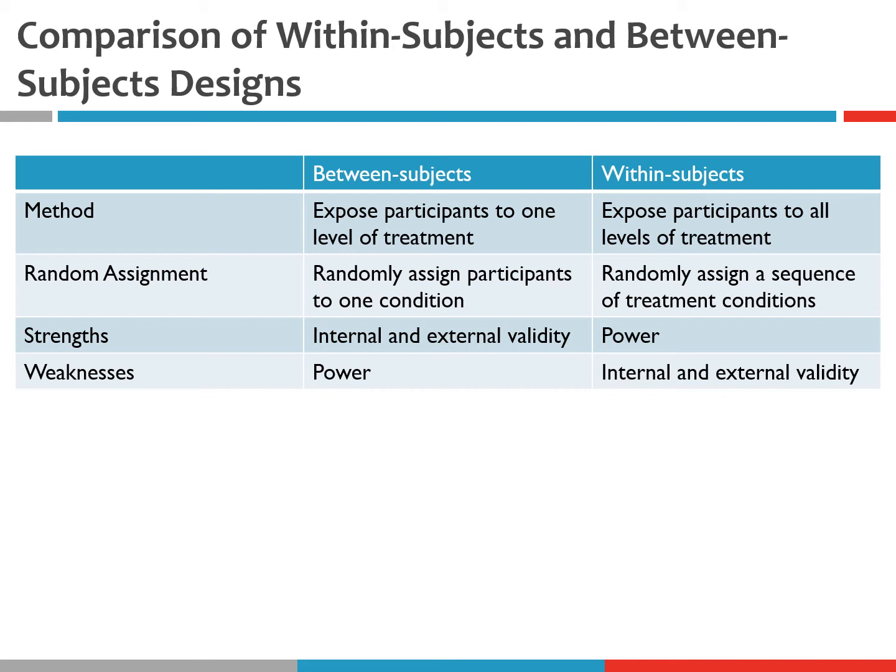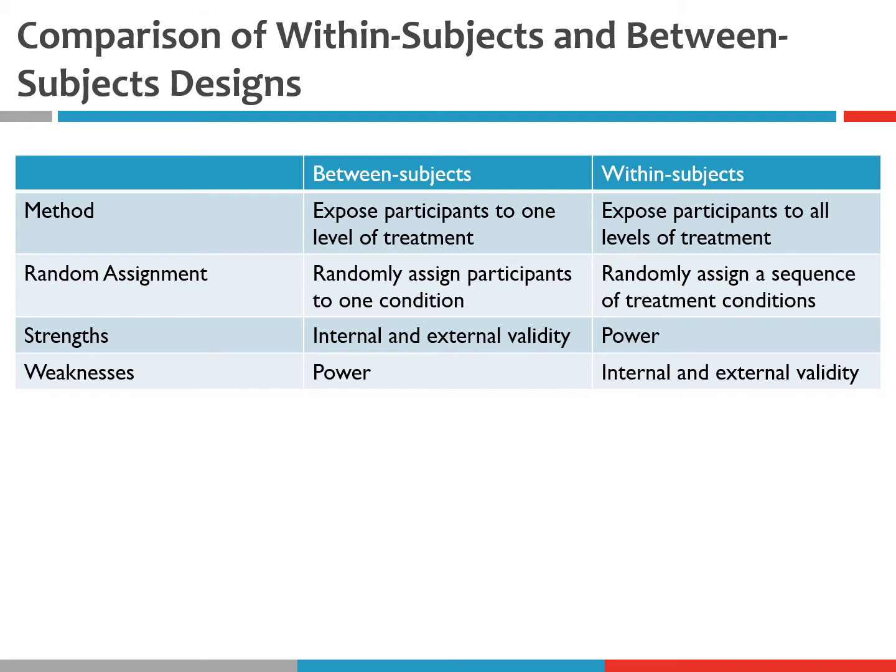The strengths of the design are, like I said, you only test them one time. So it has good internal validity. You don't have to worry about maturation, which is fatigue. You don't have to worry about history effect, which is something happens to your participants between the different conditions, like some natural disaster or some event happens or family issues, school issues, etc. And that can screw up their results later on.